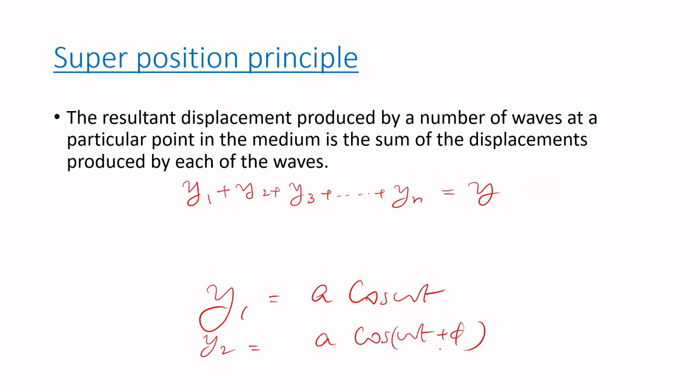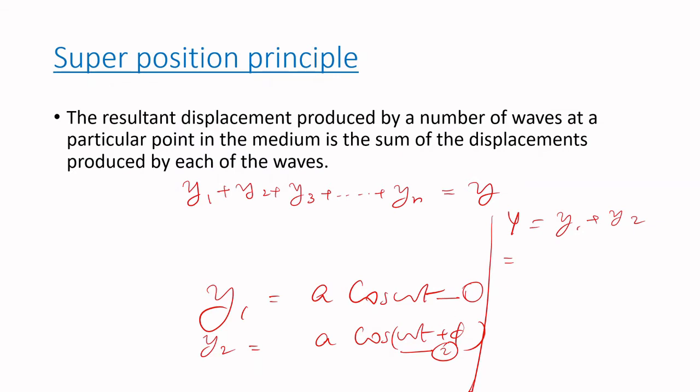If these two waves are added up, we get a resultant wave y, which is equal to y1 plus y2, and for that we add equations 1 and 2. The first wave has zero initial phase, and the second wave has the initial phase phi.